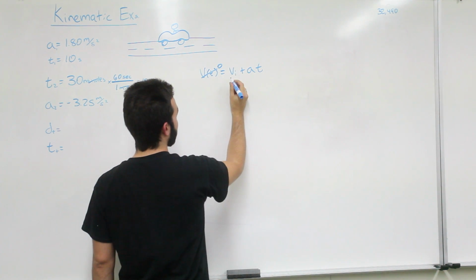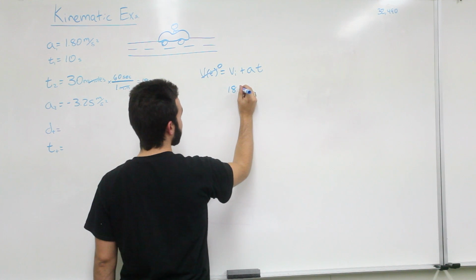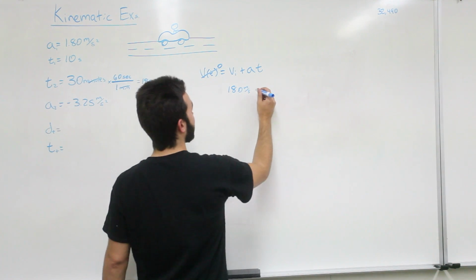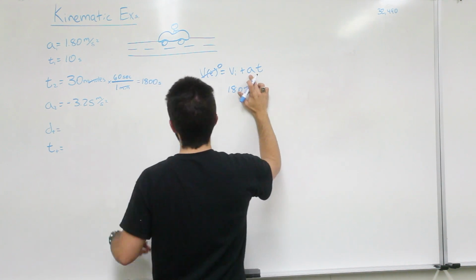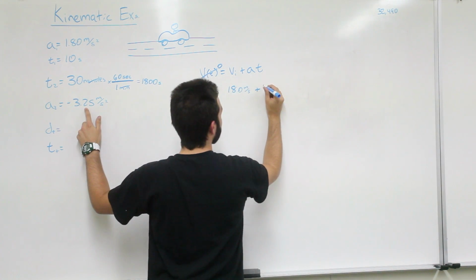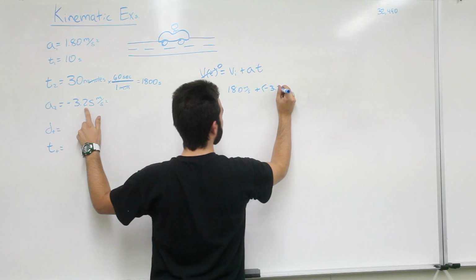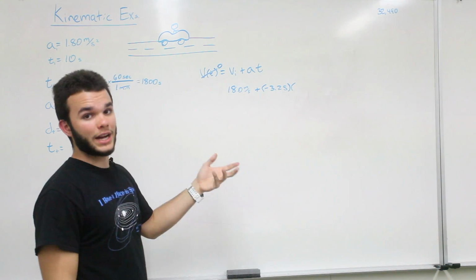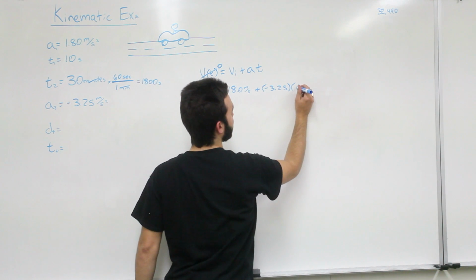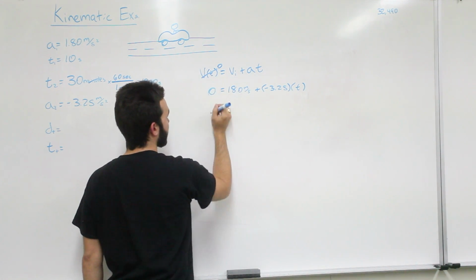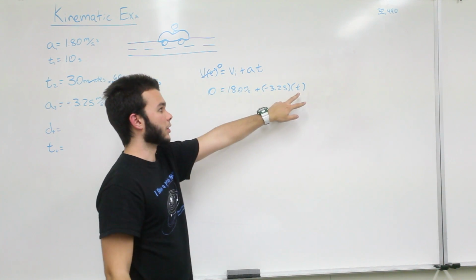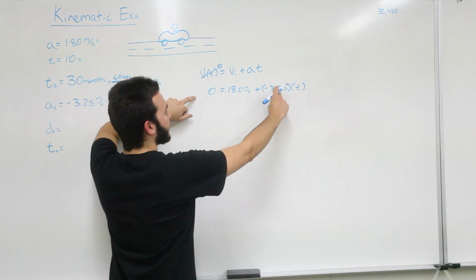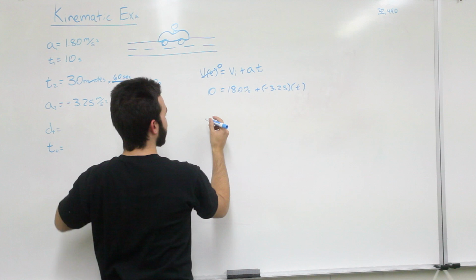So we have that initial velocity is 18 meters per second, because that is the velocity that we had before we started braking, plus our acceleration, which is negative 3.25, times the time that it took us. We don't have that. So we're going to solve for t. We move this to the other side, it turns into a negative, and then we divide by negative 3.25.